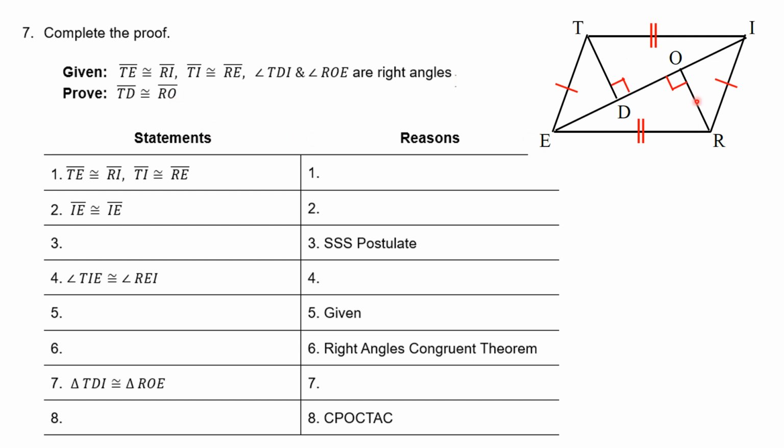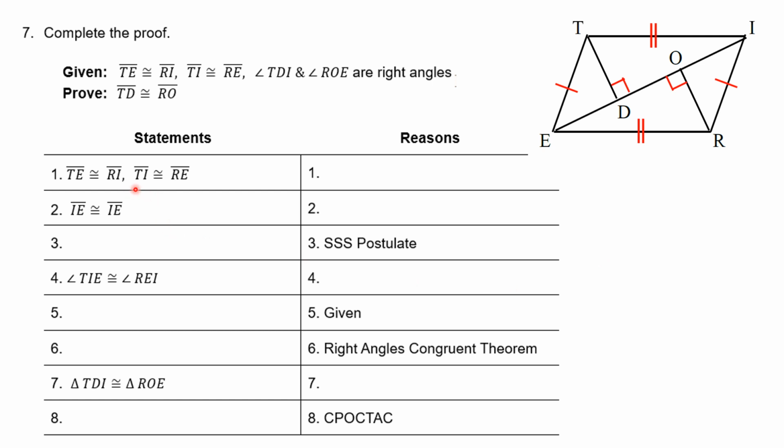Everything we needed is marked based on what we were given, and then we are supposed to prove that TD, that leg of that right triangle there, is congruent to RO, the leg of this right triangle here. So we want to prove that TD is congruent to RO.